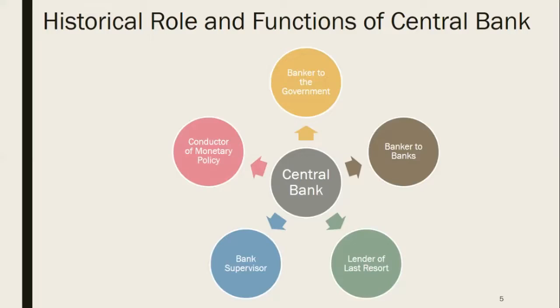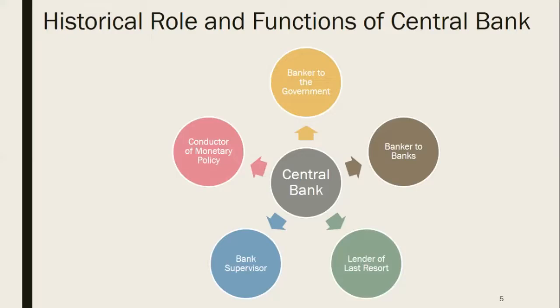So what are the reasons to select the central bank as the lender of last resort? It had large reserves, it had extensive networks with the correspondent banks, it had the monopoly over the note issuance, and it had the public trust.